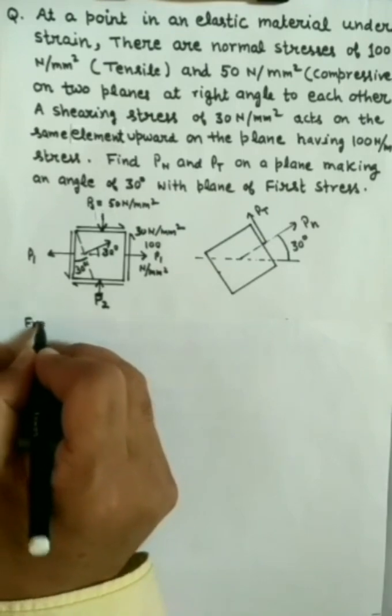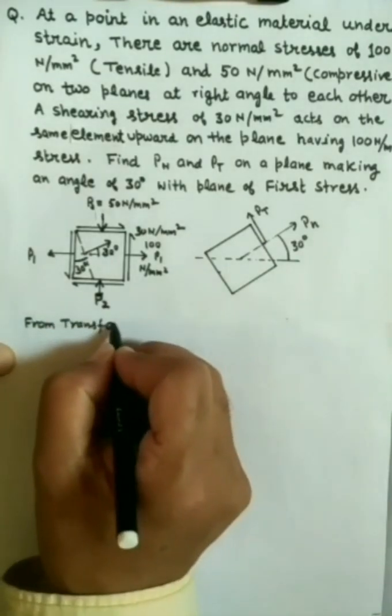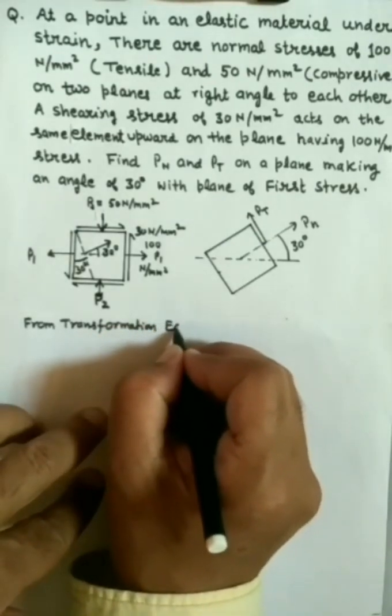So from the transformation equations, we have relation for Pn and Pt.